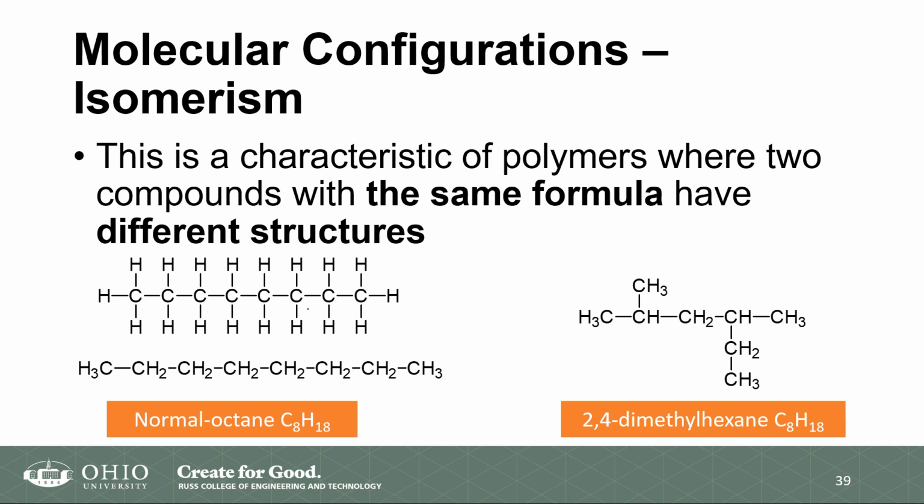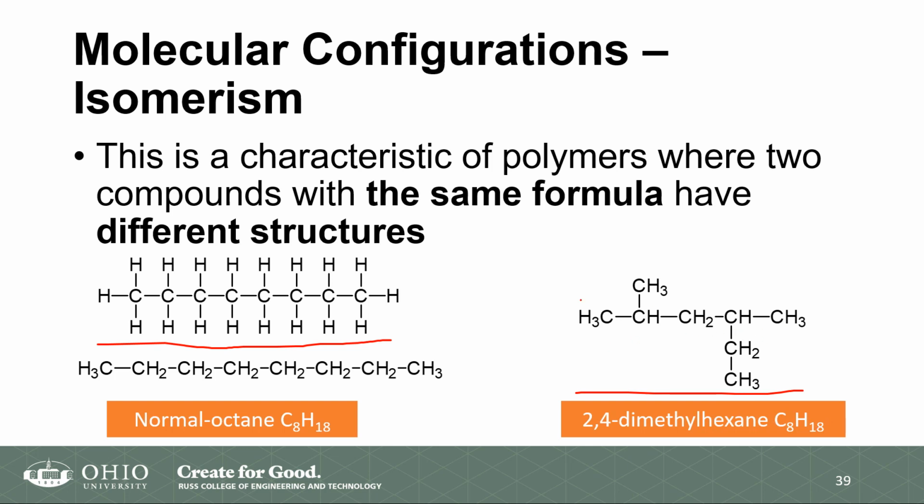So let's look at this particular structure here, for instance. If I were to write down the molecular formula for this molecule on the left, it would be 8 carbons, 1, 2, 3, 4, 5, 6, 7, 8 carbons, and then 18 hydrogens attached to that. And if I had to look at this molecule here on the right hand side, it would also be C8H18.